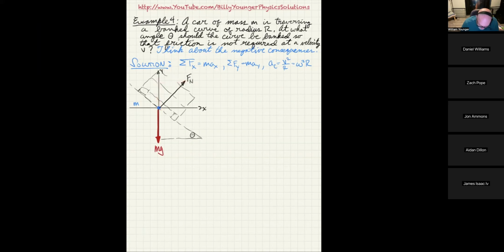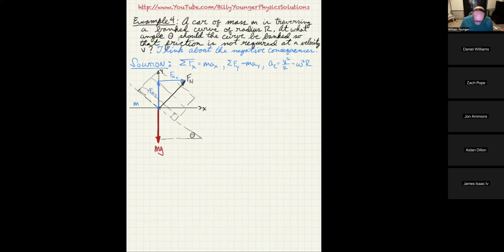So I can say already that the x component and the y component of these are both going to be positive. So I'll use blue. And this is F normal sub x. And this is F normal sub y.